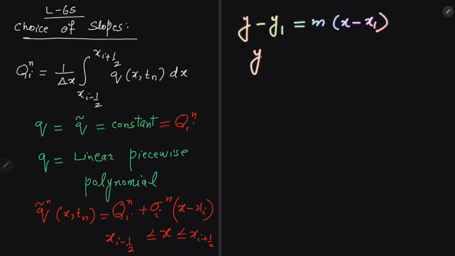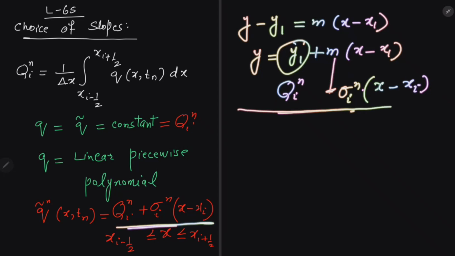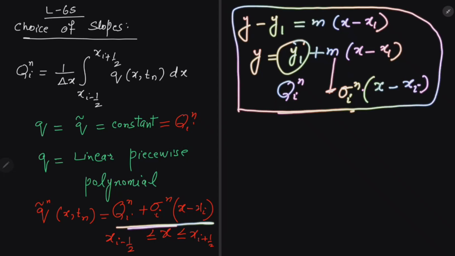Here y1 is Q_i^n and m is sigma_i^n, since we need a slope at each cell, and x is the unknown, and x_i is the value at cell number i.